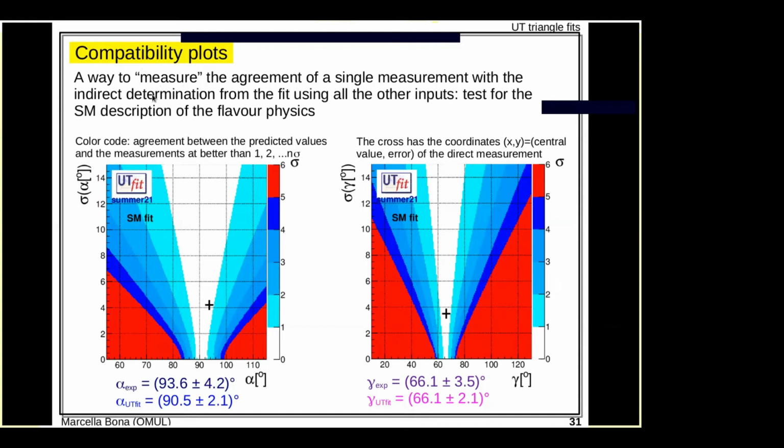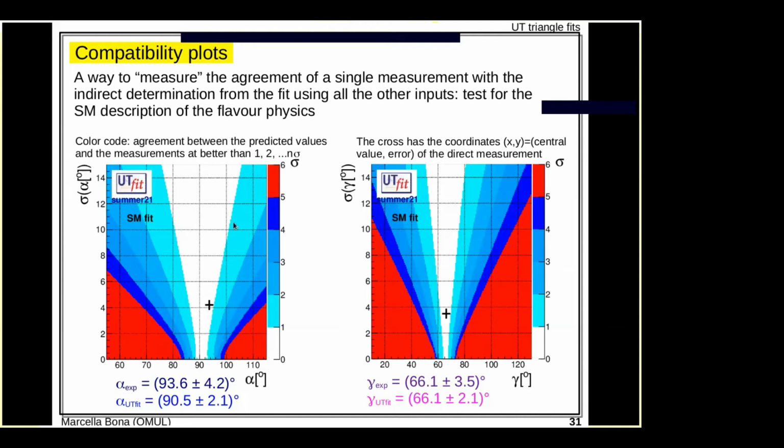Basically, we remove a specific observable from the fit, and then we check what kind of prediction comes from the fit without that, and we label the various areas as 1 to 5 sigma of tension with respect to the input that you want to consider, so an experiment.